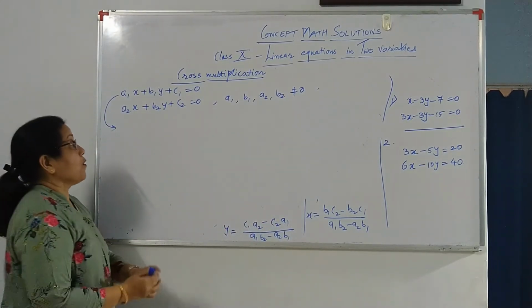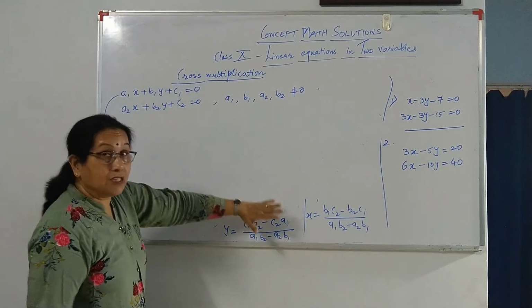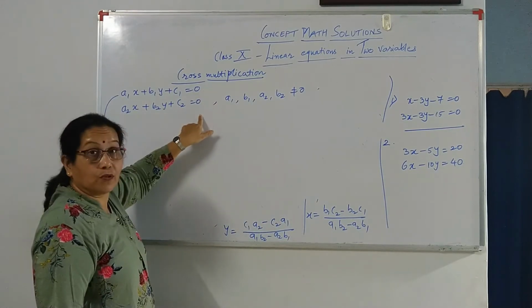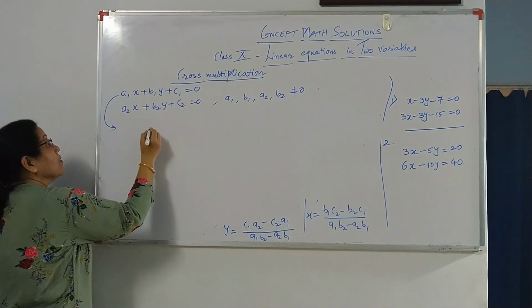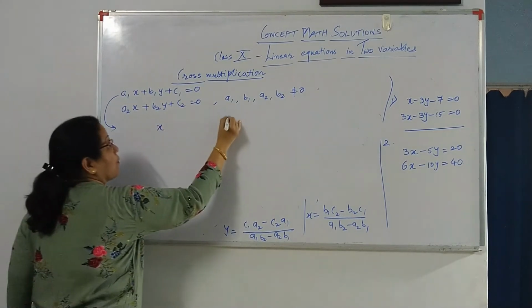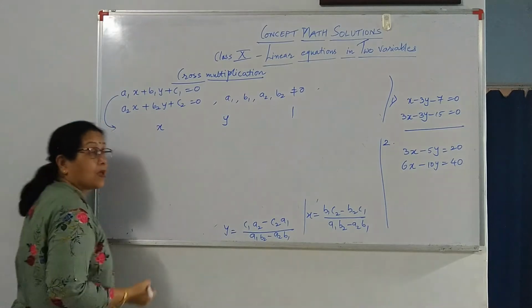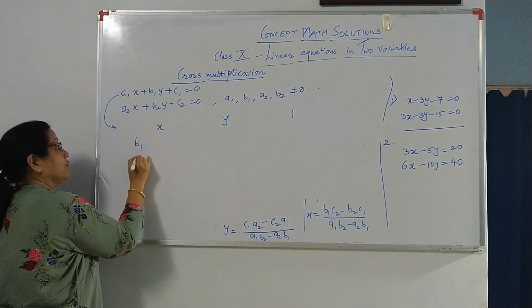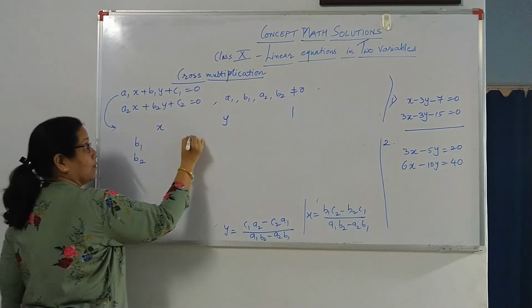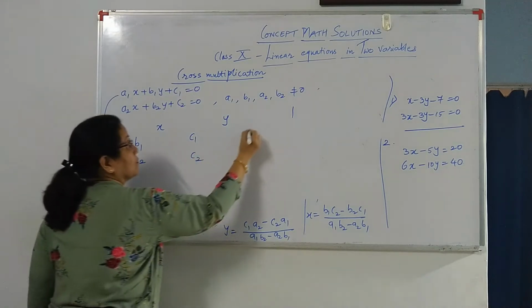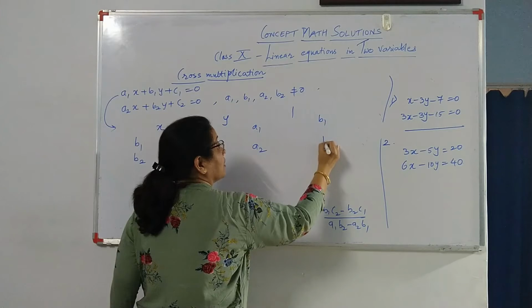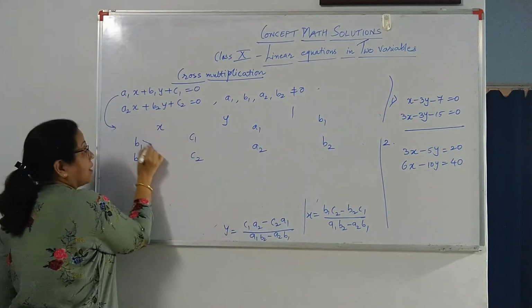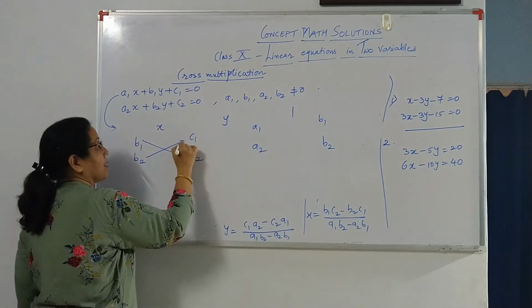Understand one most important thing: we have this formula when the RHS of both the equations is 0. What we do is we write x, y and 1. We start writing the coefficients b1, b2, then c1, c2, a1, a2, again b1, b2, and cross multiply.